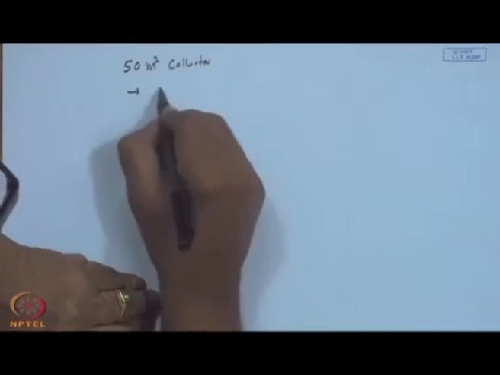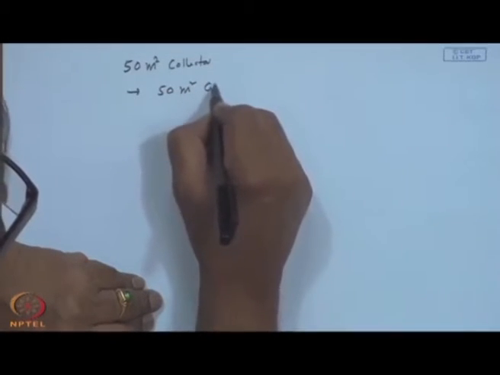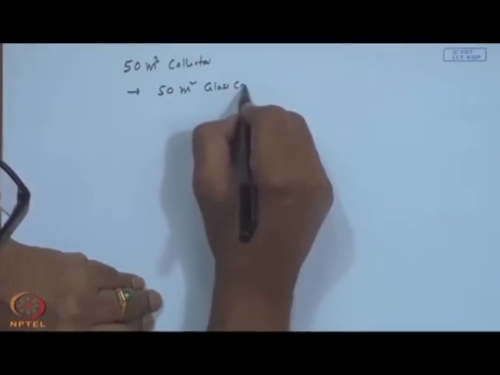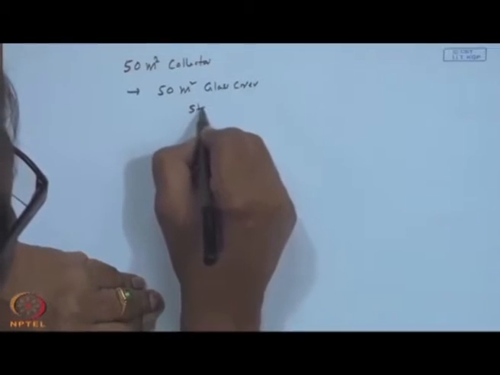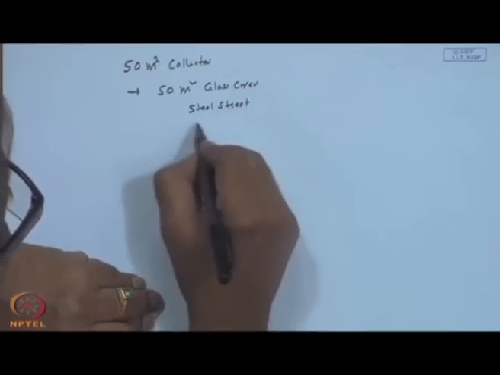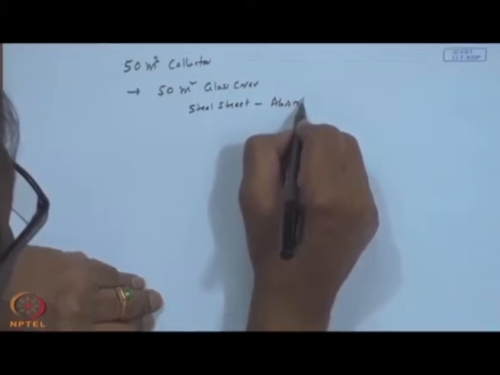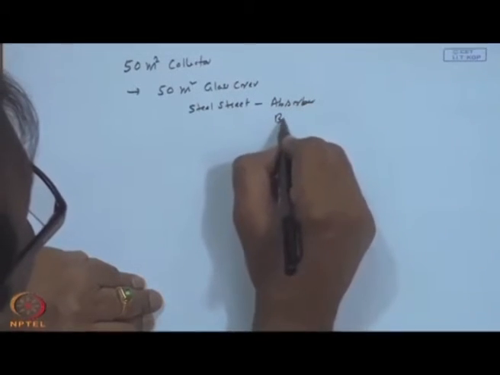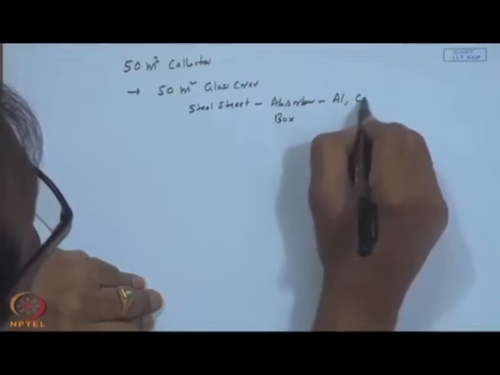So, this may require 50 meter square glass cover at least, then steel sheet and for absorber or box. Of course, I may use aluminum or even copper.